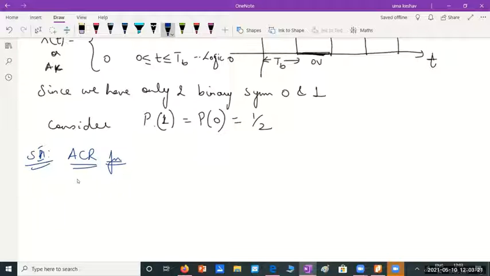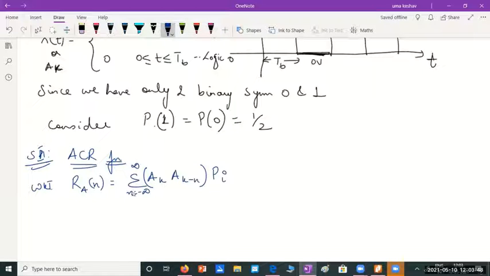So when we find the autocorrelation function, remember the standard equation: Ra of n is the summation from i equals minus infinity to plus infinity of ak into ak minus n into the probability of occurrence of the ith symbol.